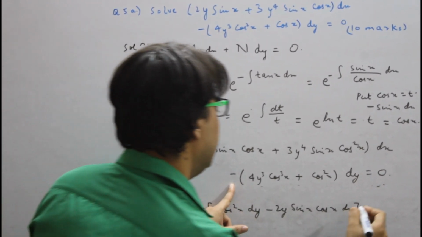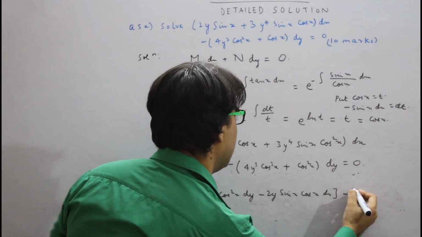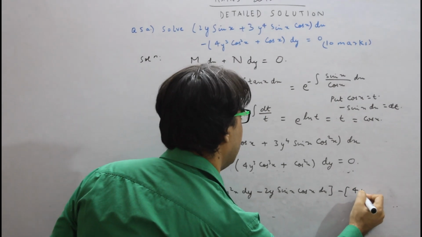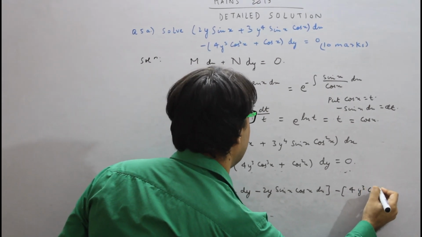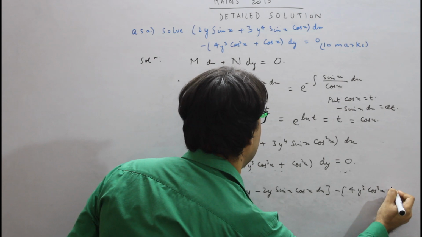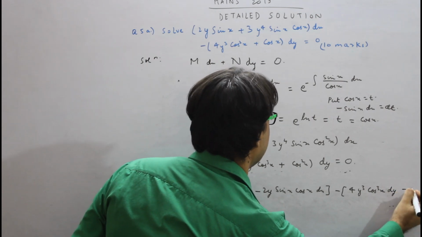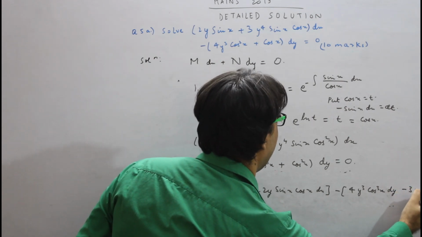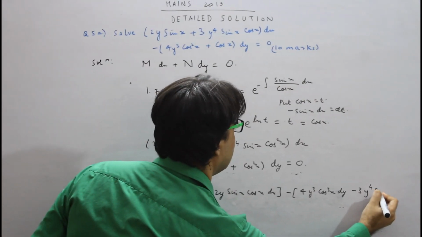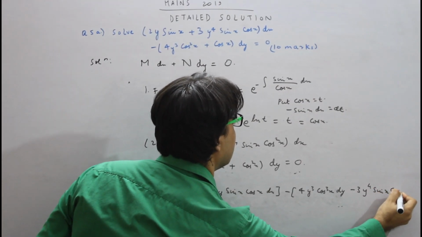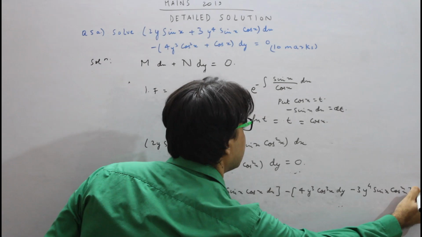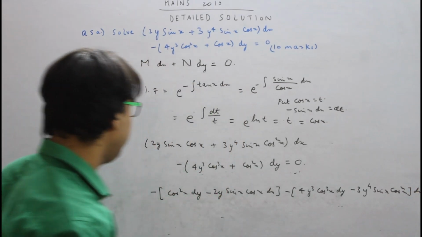Again I am taking the minus sign common, so this becomes 4y cube cos cube x dy minus of 3y^4 sin x cos square x dx is equal to 0.